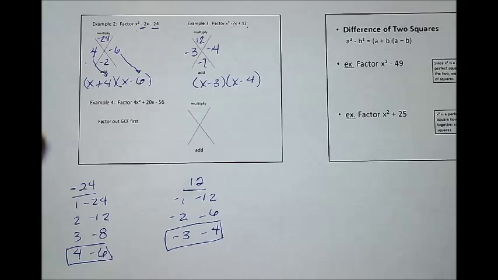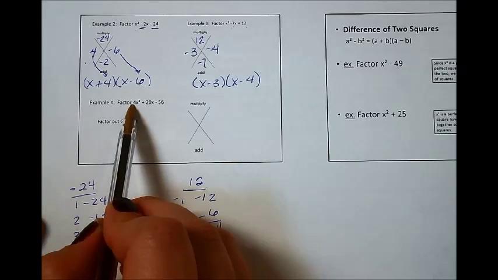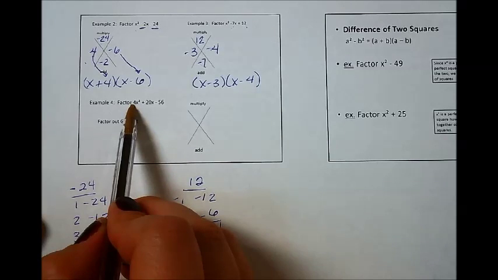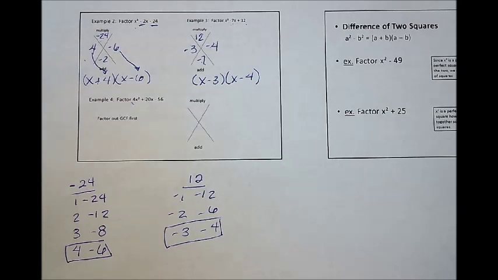Sometimes we're going to have a number in front of here. What you're going to do is you're going to say, I don't know how to do it if there's a number there. And even if I did know how to do it with a number there, that's harder. So you're going to figure out if that number goes into the other two. Can we take out a greatest common factor? We know that x doesn't go into all of them, so we can't take out any x's.